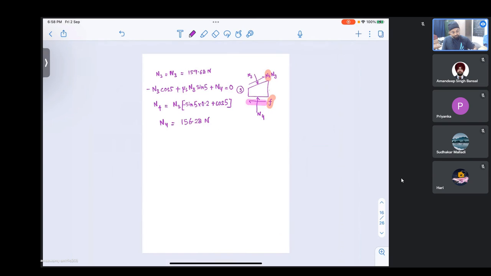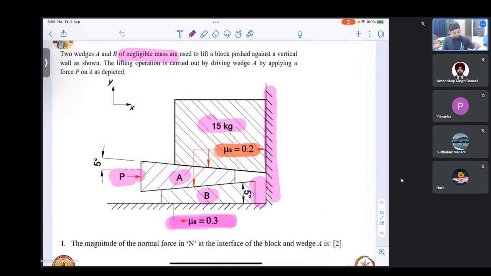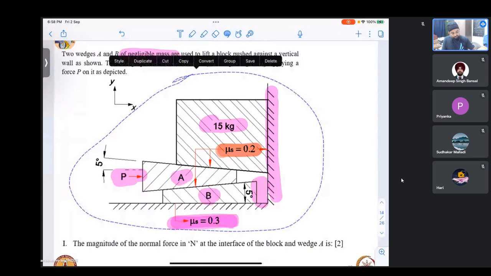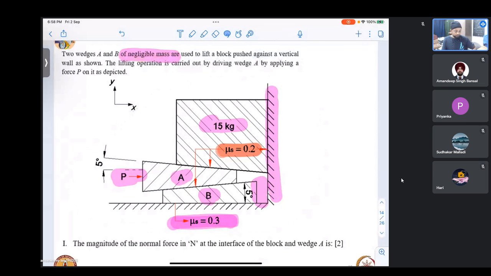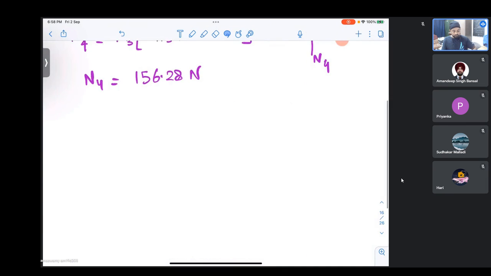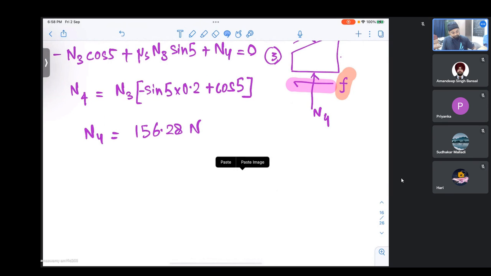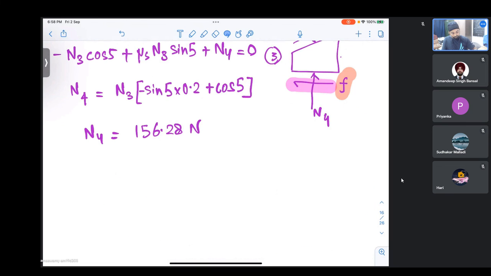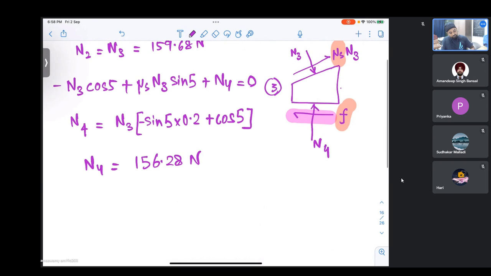All right. So from the question, we can see from this image that our mu s at the bottom is 0.3. Let us find out what this comes out to be. Oh, the figure didn't get copied. Okay, never mind. For the fourth one, N4 is this. Let us write the horizontal equilibrium also.